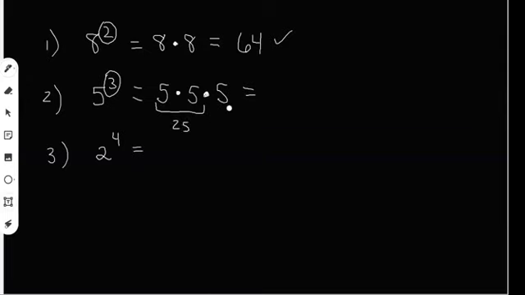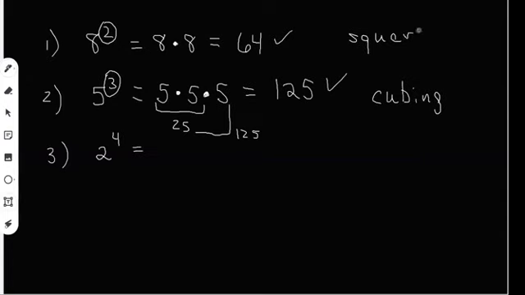But then if I multiply by 5 again, I'm going to get 125. So my answer is going to be 125. This is called cubing, whereas the last one was called squaring. That's what happens if you have an exponent of 2.